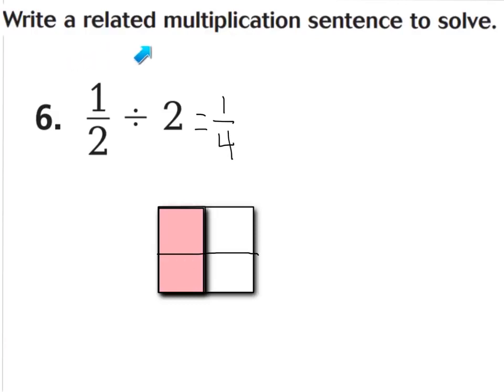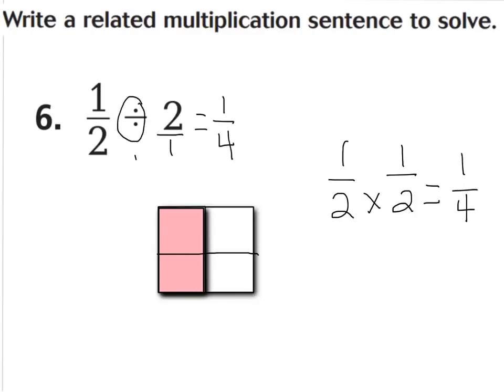My related multiplication sentence for this could be 1/2 times 1/2, because you just cut your 1/2 into half, is going to equal 1/4. Remember how I told you that 2 wholes is written like that as a fraction. If you flip your division sign into a multiplication, you can flip your 2 wholes into 1/2.